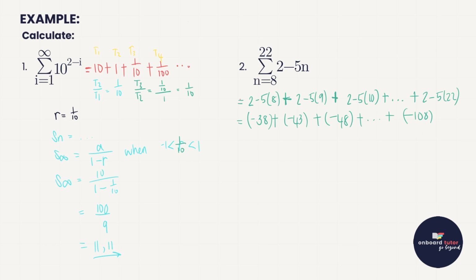And so what I've done, just to avoid the confusion with the plus and the minus, is I've put each of the terms in brackets, just to help me see. So the sequence behind this series is minus 38, minus 43, minus 48, etc. And so if you look at that closely, you will see in each instance you are subtracting another 5. So that makes this an arithmetic series.